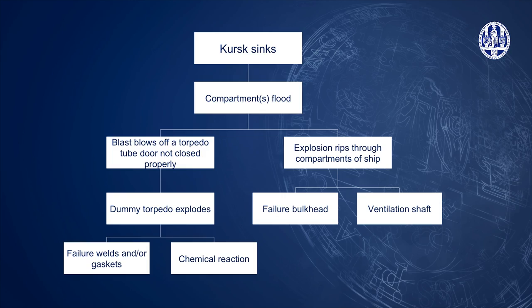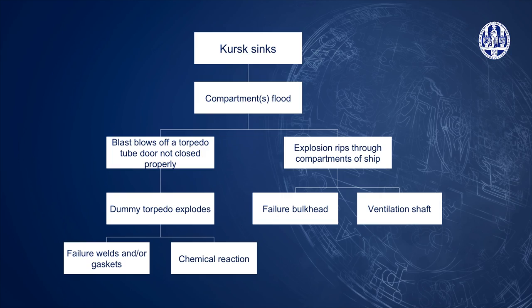Using this backward-looking fault tree analysis, we can point out the root cause of the Kursk disaster, the exploding torpedo. Both the explosion itself and the impact it had can be explained as a mixture of technical, human and organizational factors.